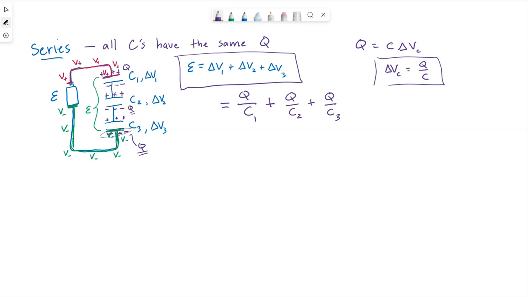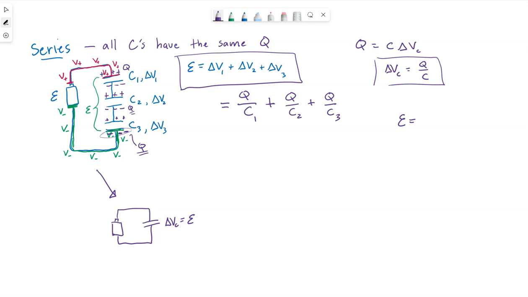Now, EMF, remember, was valid for a single capacitor, meaning if this circuit was a battery connected to only one capacitor, we could say delta V of this capacitor would be the EMF of the battery.